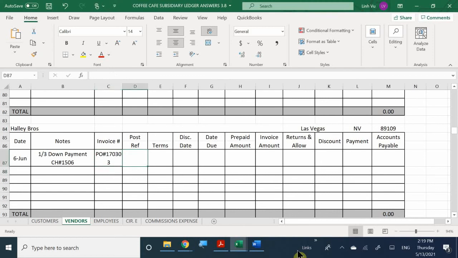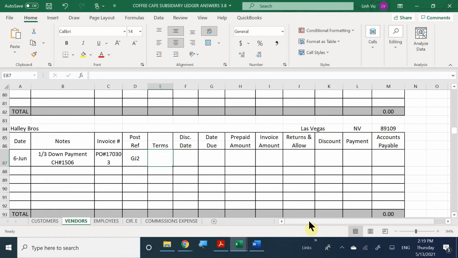And once again, the post reference here is going to be your general journal number 2, where the transaction happened. And this is where terms have not been given to me yet, because I am just sending in a purchase order.